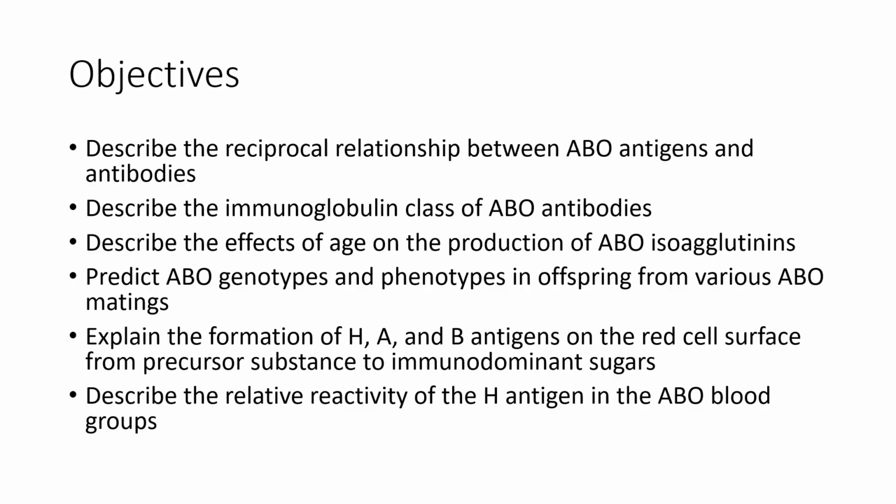The ABO blood group system. Our objectives are to describe the reciprocal relationship between ABO antigens and antibodies, describe the immunoglobulin class of ABO antibodies, describe the effects of age on the production of ABO isoagglutinins, predict the ABO genotype and phenotype in offspring from various ABO matings, explain the formation of H, A, and B antigens on the red blood cell surface from the precursor substances to the immunodominant sugars.